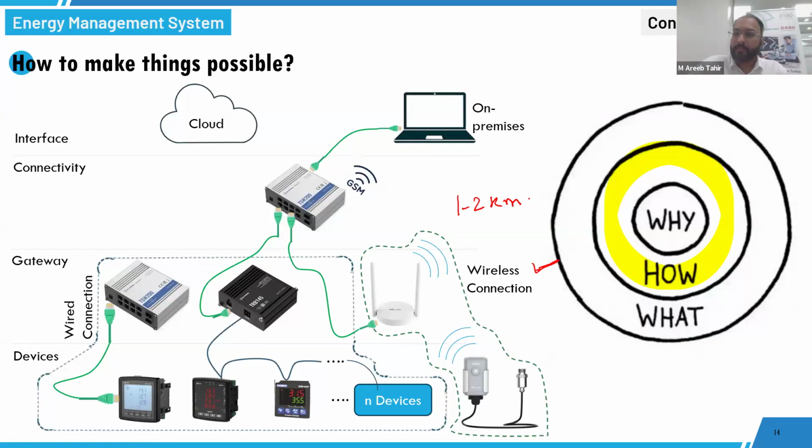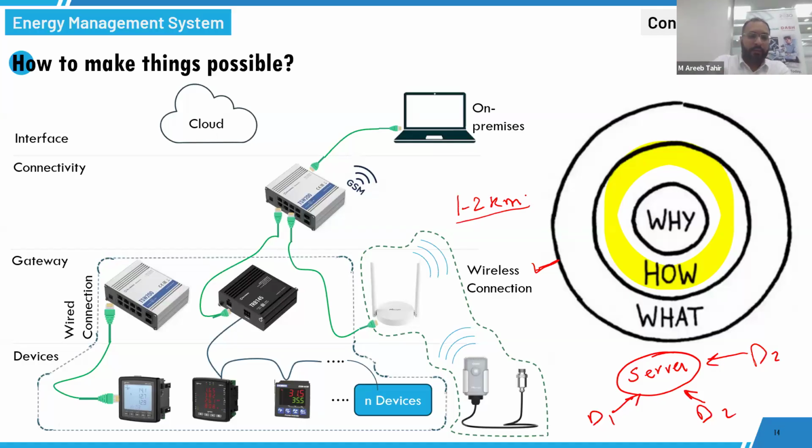What it means is that I have a central station, or let's call it a server, and I have devices: device one, device two, device three. They can communicate with this master device using wireless connectivity. 1 to 2 kilometers is a possibility.